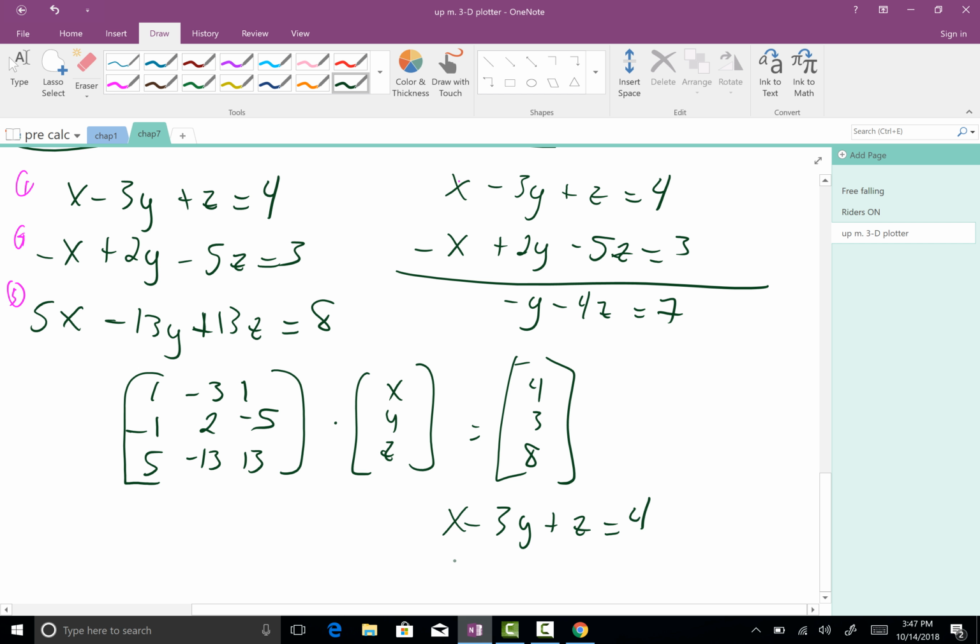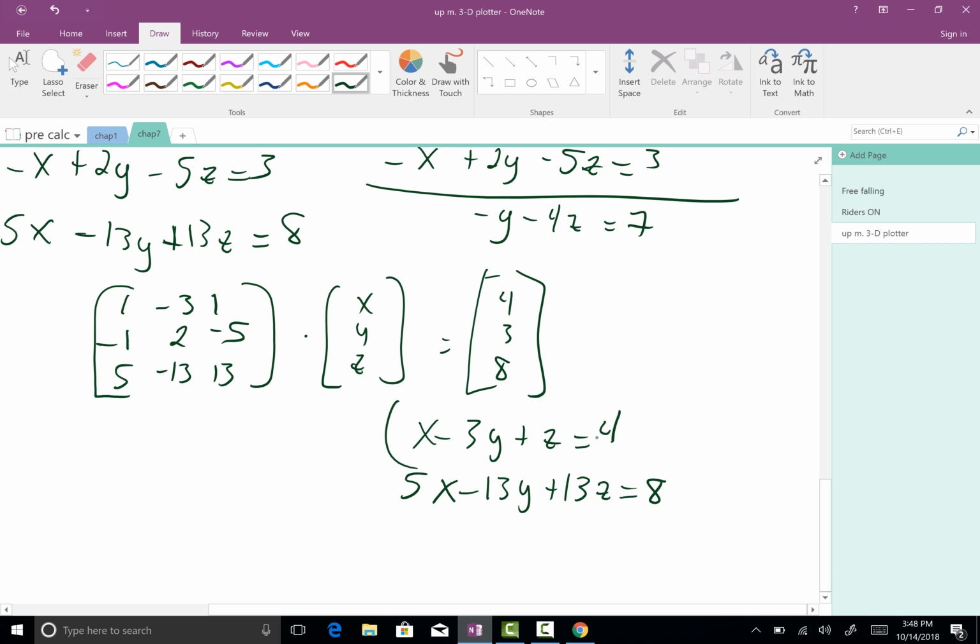And I have to remember that I have to eliminate the same thing. So I've got to eliminate x. So I'll multiply this one by negative 5. So that gives me negative 5, plus 15, negative 5, negative 20. So the 5's go away. I'm going to get a 2y there, an 8z there, and a negative 12 there.